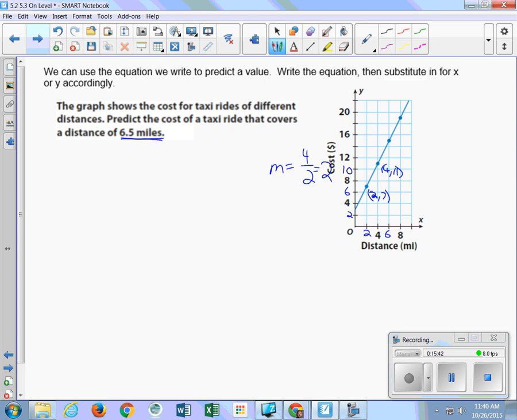So we've got y equals 2 times 6.5, and then our y-intercept, that looks like it's going to fall at 3, plus 3. So 2 times 6.5 is 13, plus 3 equals 16, and that is $16 to go 6.5 miles.